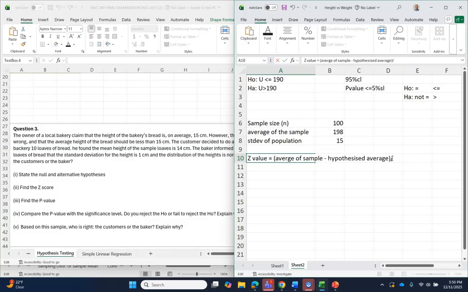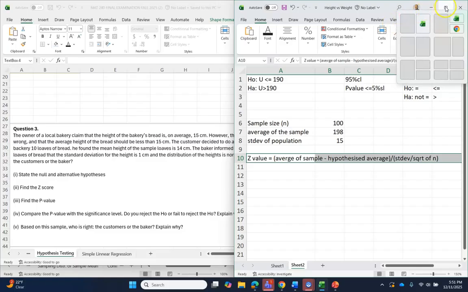And so the standard error will be the standard deviation divided by the square root of n, the square root of the sample size, which is n. So let me close the bracket here. So you should use this kind of a formula to find the z-value.